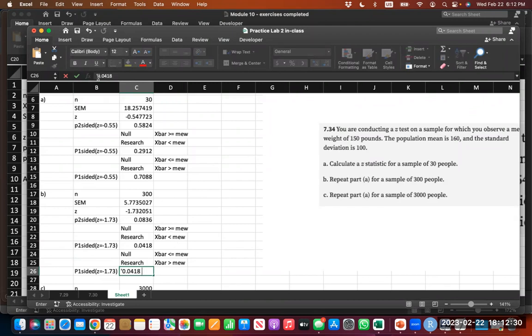It's 1 minus 0.0418, which is 0.9582. So the key is really to understand in which direction you actually quantify the area under the curve.